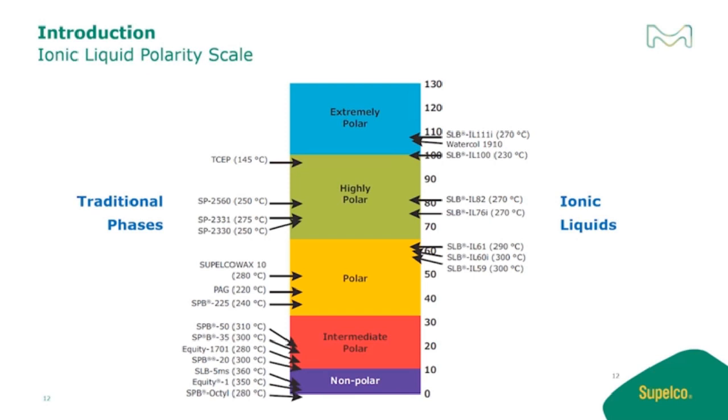So the interesting thing is looking at the SLBIL 61, 61I, 60I, 290 versus 300 versus 280 for something like a Supelcowax 10. When you look at the SLBIL 111, the most polar phase that we've commercialized, it has a maximum temperature of 270 degrees, which is significantly higher than the 140, 145 degrees C for the TCEP type stationary phases.